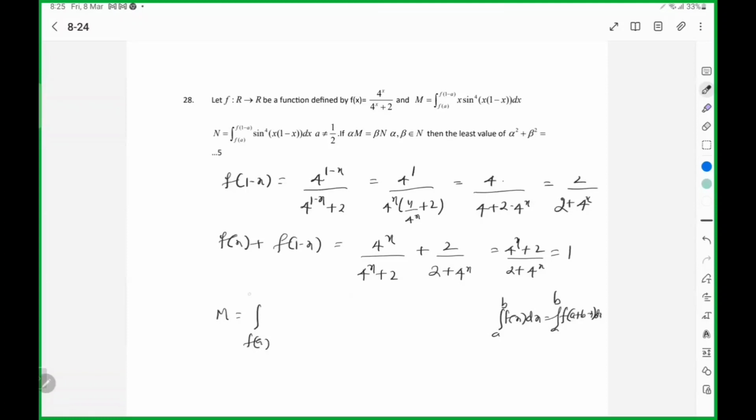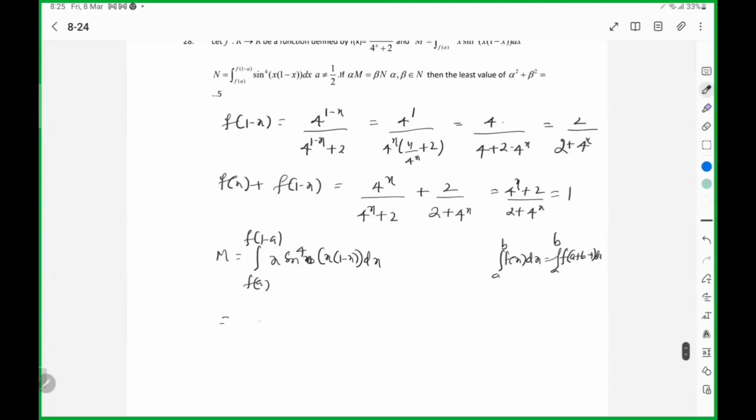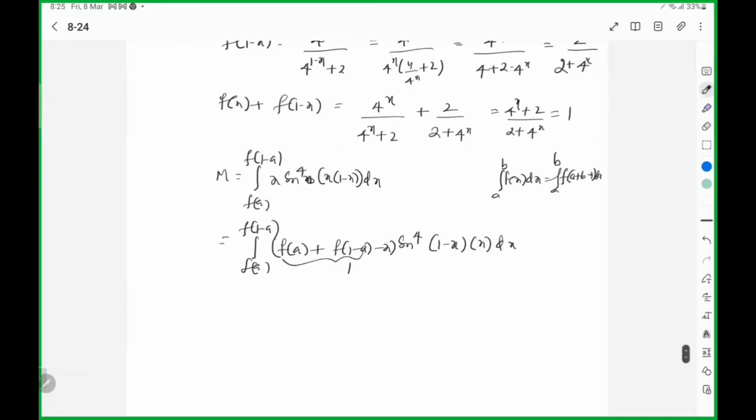Adding, here 1 minus x, 1 minus 1 minus x is x. Everything is 1.